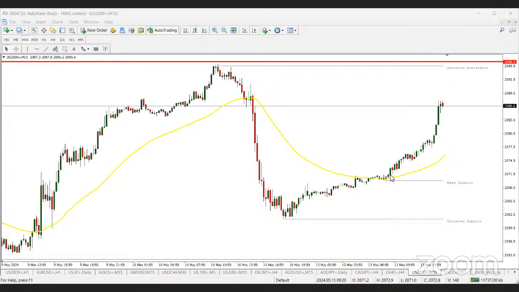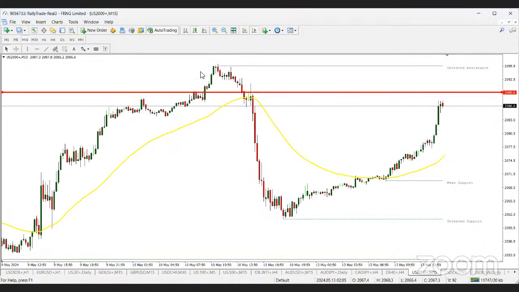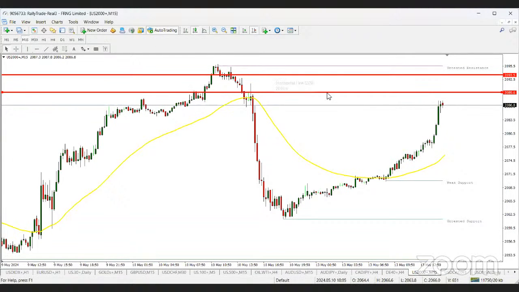When we got two consecutive bullish candles from here, you could expect that US 2000 will continue to push up, right? So if I'm trading US 2000, I can buy from 2089 to 2093. So I can have my buy stop from 2089 to 2093.